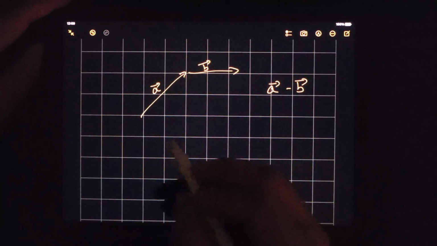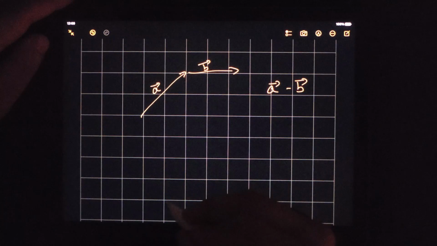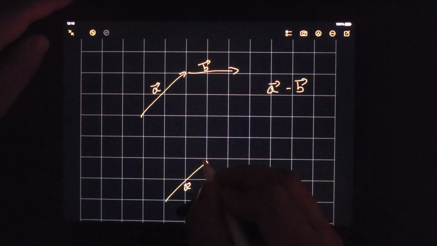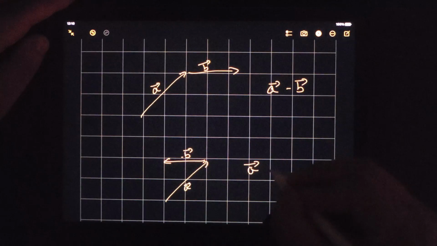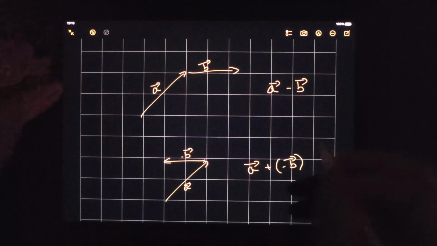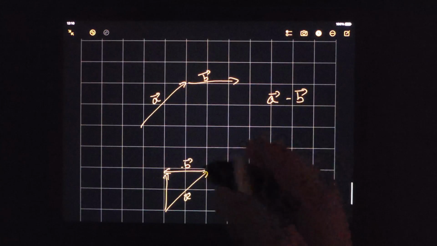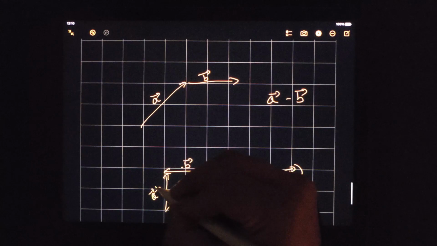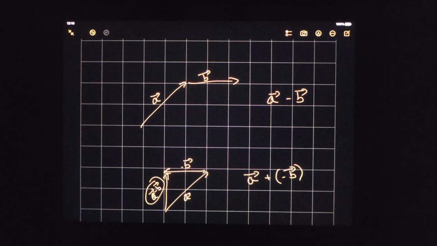Instead of doing the subtraction, in simple terms, we just turn this b into a negative b, and now we just add like that, and that is now my a minus b. So that is very straightforward.